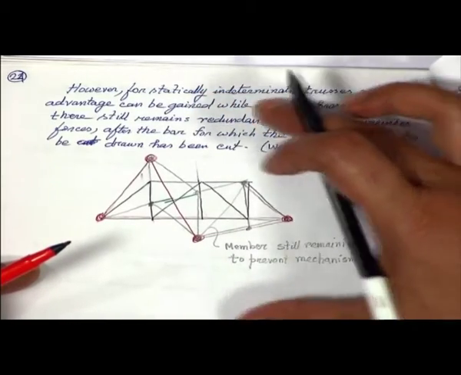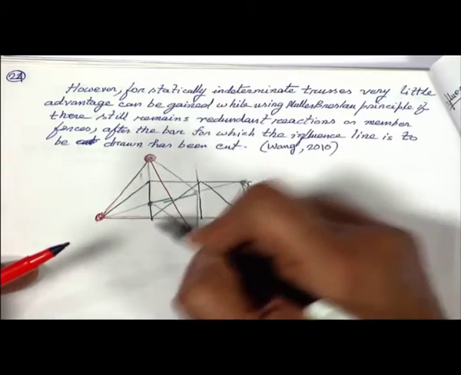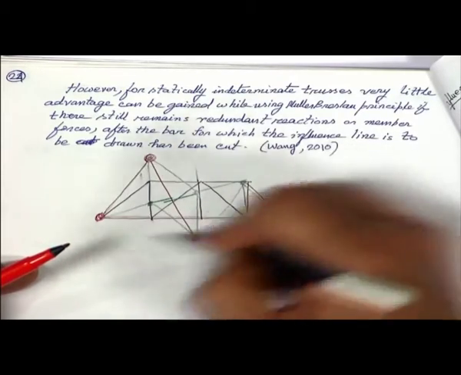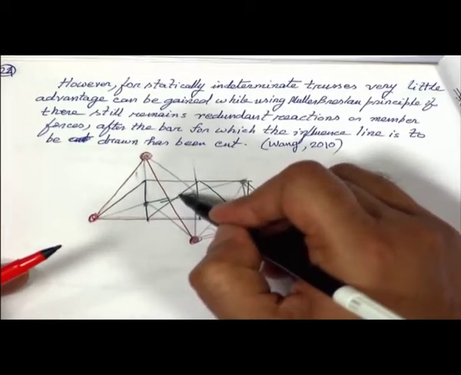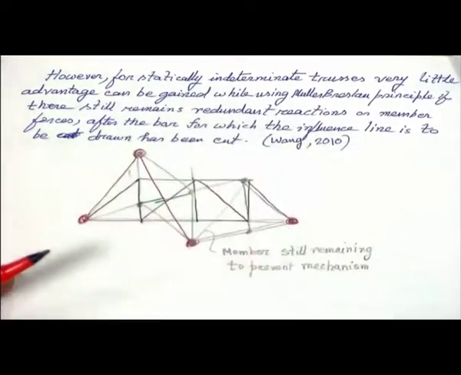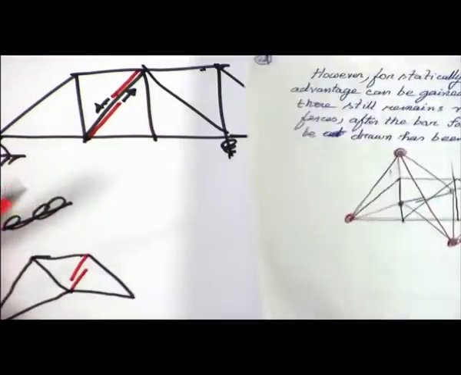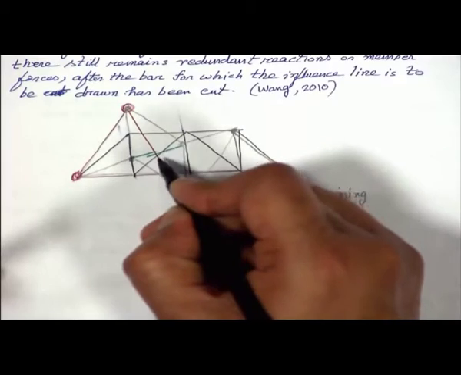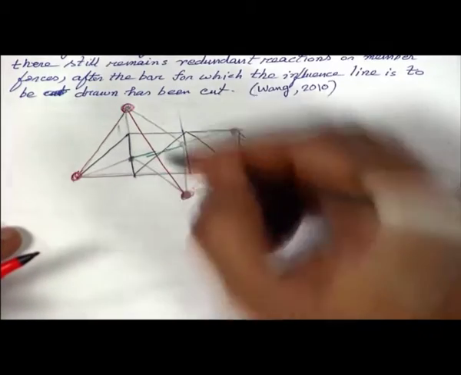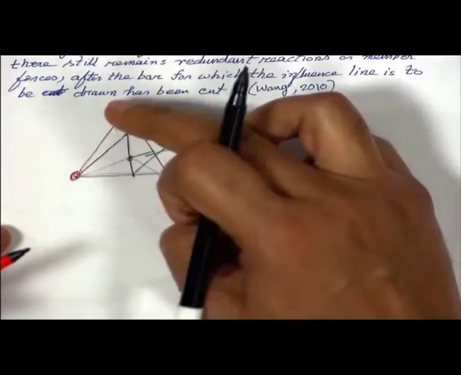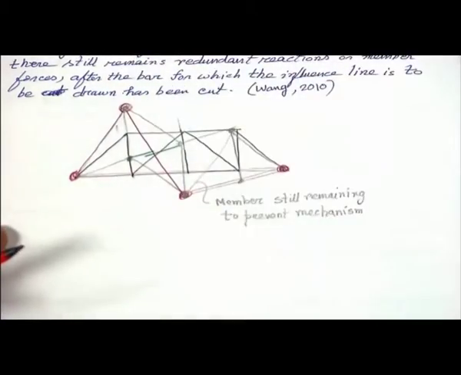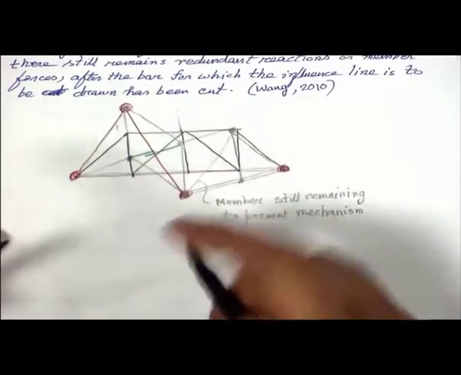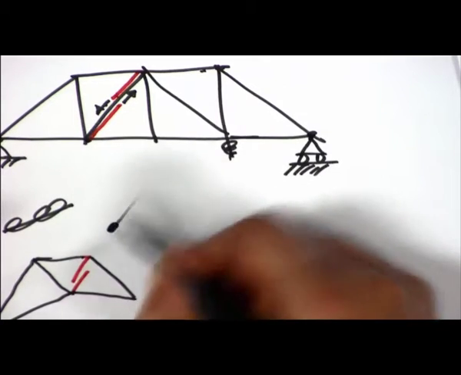I am interested in this member force, what is happening when a unit load moves onto the bottom chord. So, I have destroyed its capability to resist tensile forces as I have shown here, and then let me show the deformed configuration. These two portions are coming together, and this will be lengthened, and the truss will be looking like this. So, there is a tendency of the line joining these nodes to have the shape of something like this.